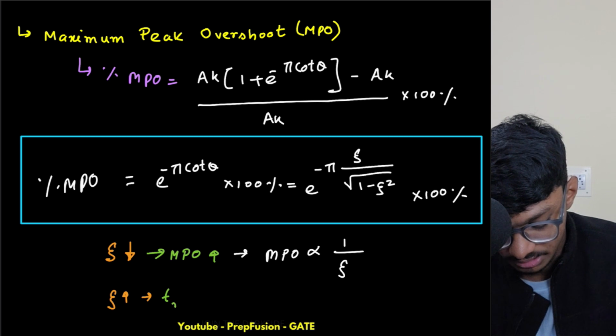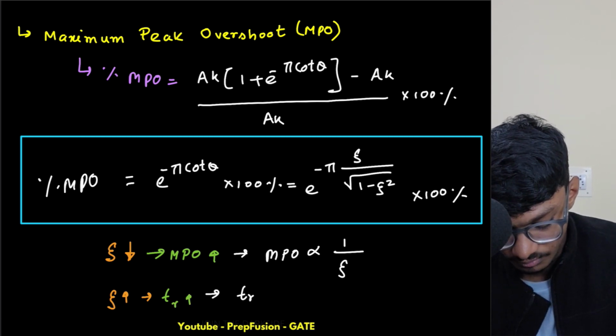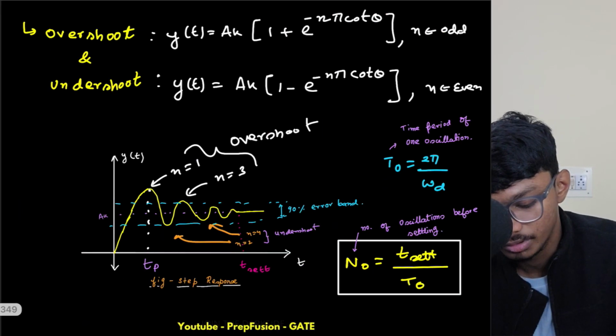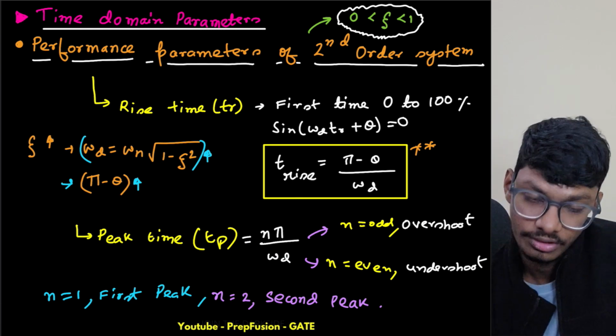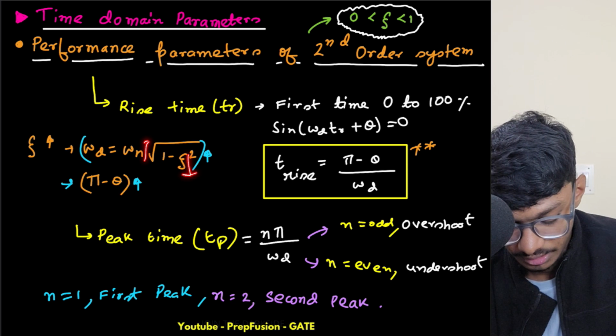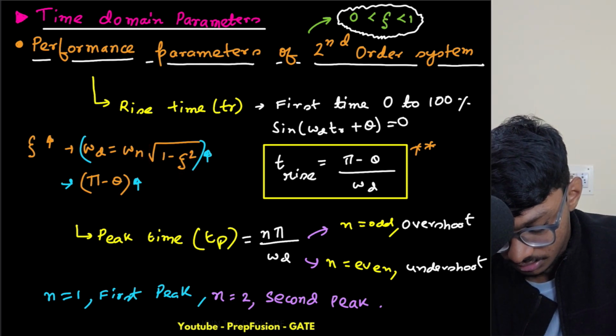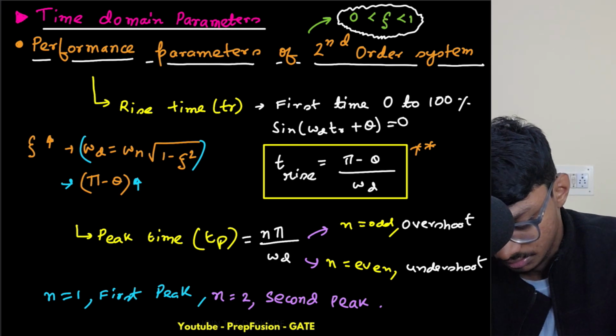Now one thing you might say, sir, if I try to reduce zeta, then we won't be able to tell. Why? Because if I reduce zeta, hold on a second. Sorry, this will reduce.